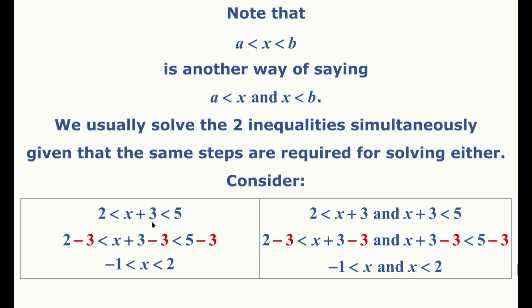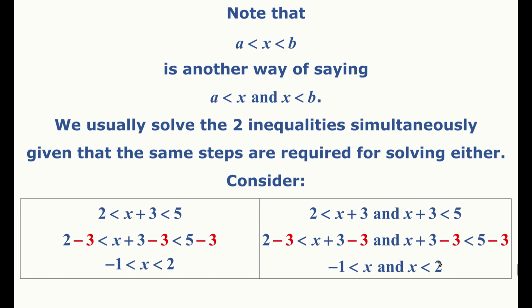Now notice if you actually broke it up and wrote it as an actual conjunction, you would get 2 is less than x plus 3 and x plus 3 is less than 5. You would go ahead and subtract 3 from both sides, and you would do the same thing here. Here you would end up with -1 less than x and x is less than 2.